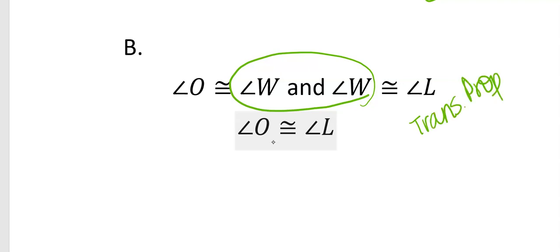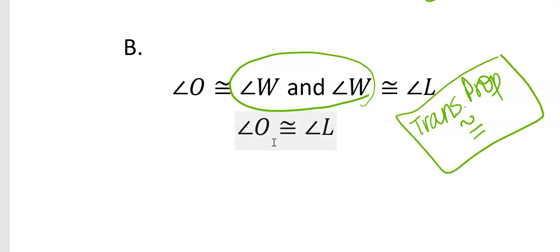Is it equals this time? No, that's a congruent symbol, so I'm going to put of congruence at the end. Whatever symbol you have is basically the symbol that you're going to use in your answer as well. So this one would be the transitive property of congruence. And I'm just going to use arrows to show you that those two things are equal.